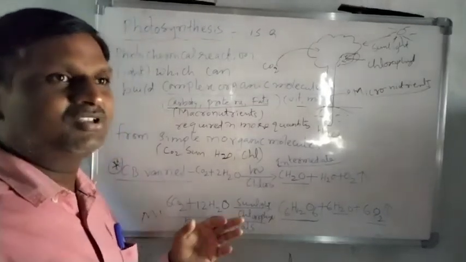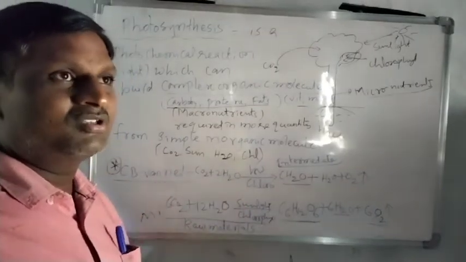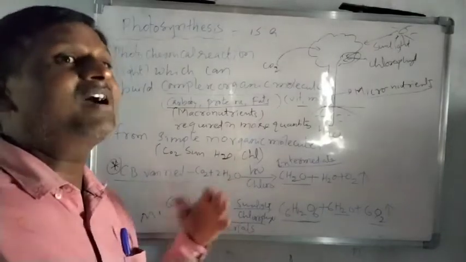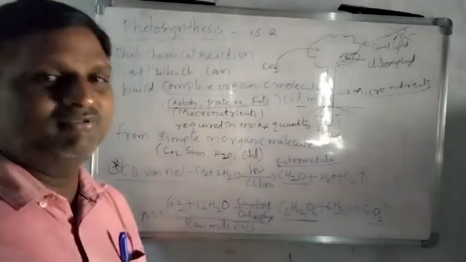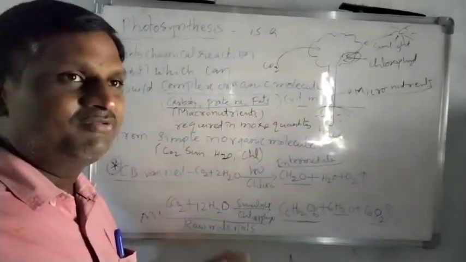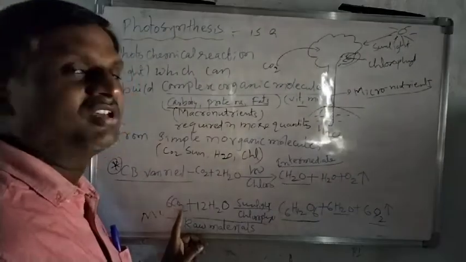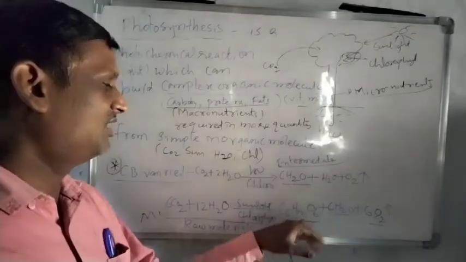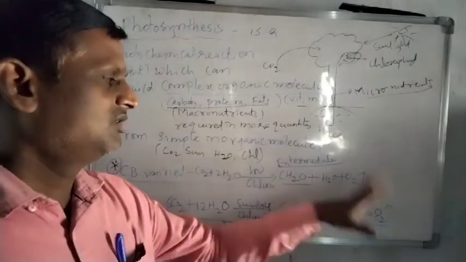Sometimes he may ask, what are the raw materials of photosynthesis, or what are the reagents of photosynthesis, or what are the factors of photosynthesis? Whichever the question might be, the answer will be the same. Raw materials, reagents and factors are all synonyms: carbon dioxide, water, sunlight, chlorophyll. Then the end products of photosynthesis: starch or carbohydrates, water, oxygen.